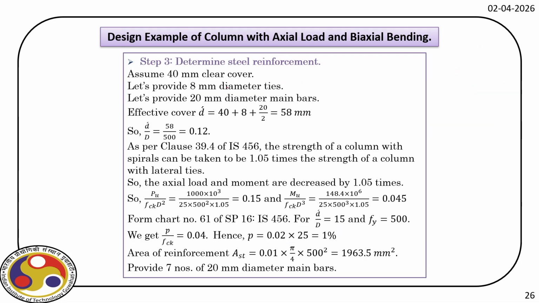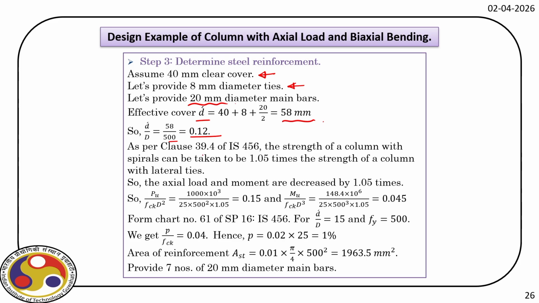Now again we consider 40 millimeter clear cover and 8.5 diameter bars and then 25 main bars. So we can find out D prime, that is 58, and D prime by capital D, which is 500, so it is 0.1.